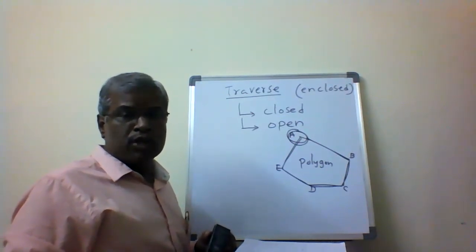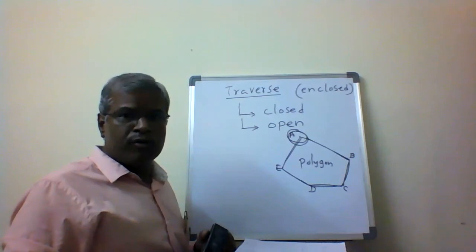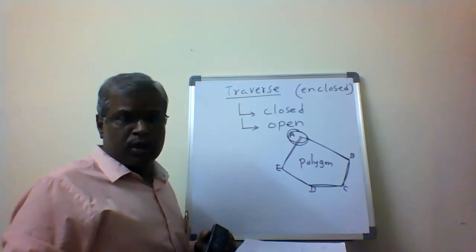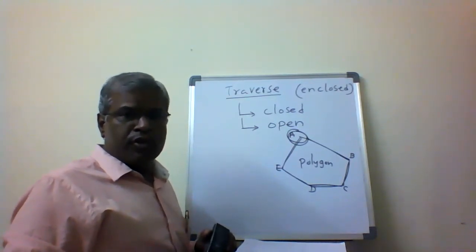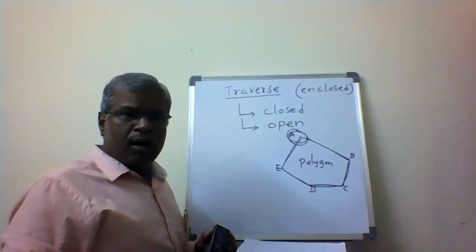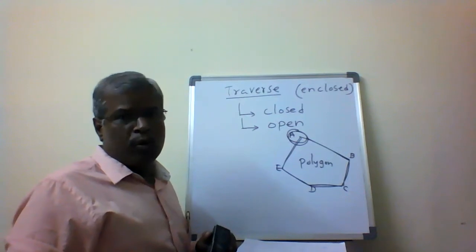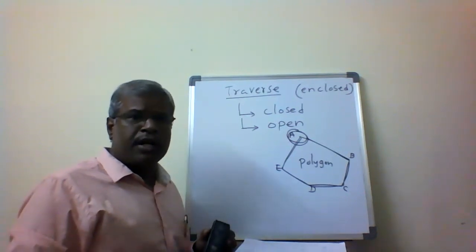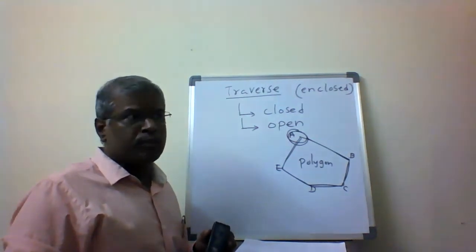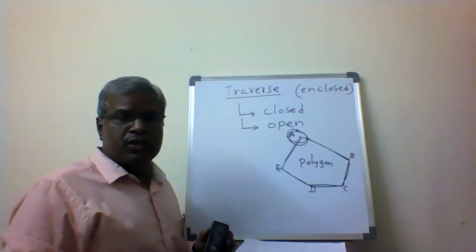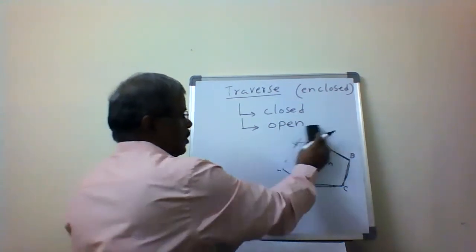Then that is called a closed traverse. The boundary is a closed one, a polygon shape, or a rectangle or a square. For all such geometrical shapes, the starting point and end point are the same, so it is a closed traverse.